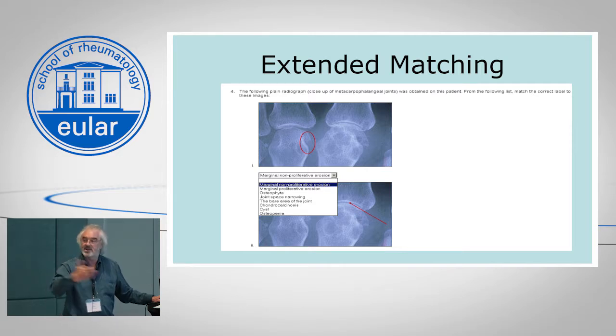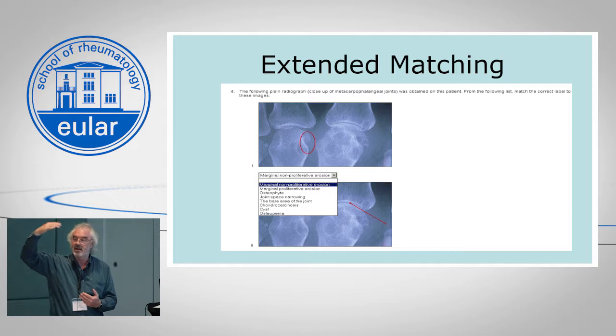So again, it's like multiple choice, like single best answer, but the advantage of using the extended matching is that you can take multiple clinical scenarios that are closely related, and it really makes people have to think much more heavily about how to differentiate between the two. So it really pushes their cognitive levels higher than just picking one single best answer.